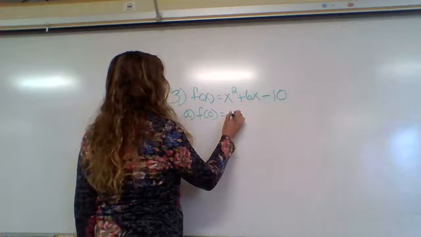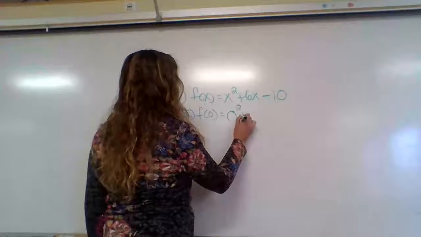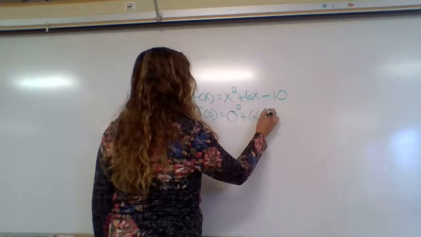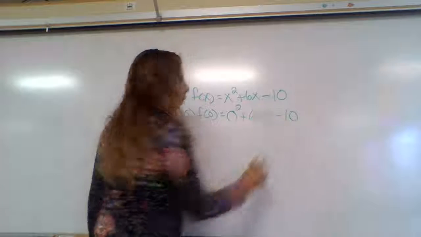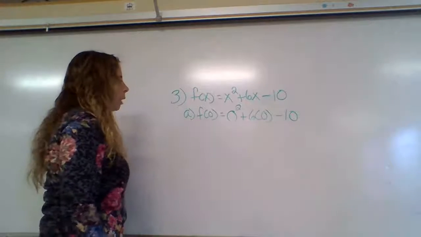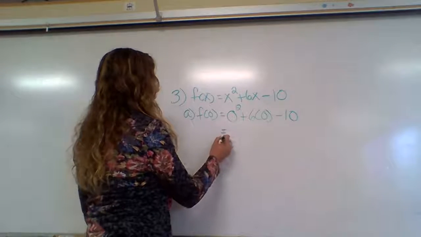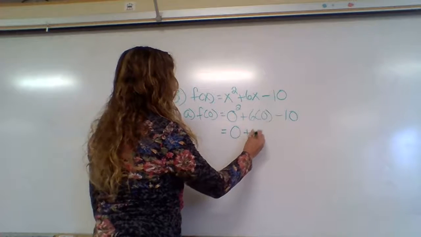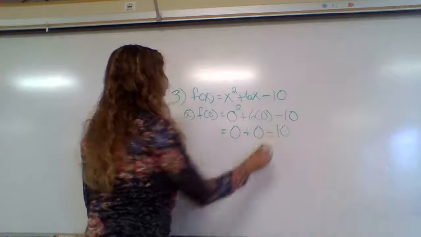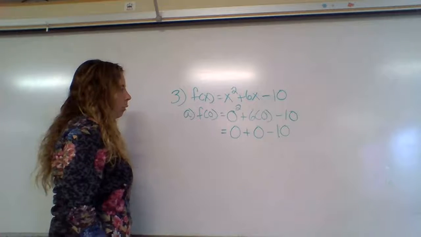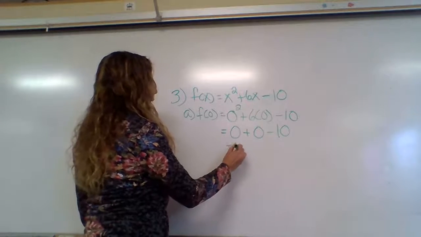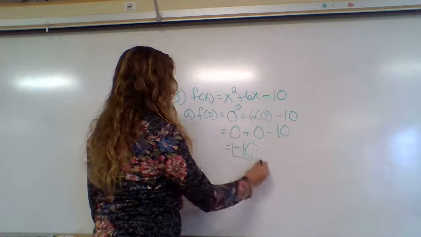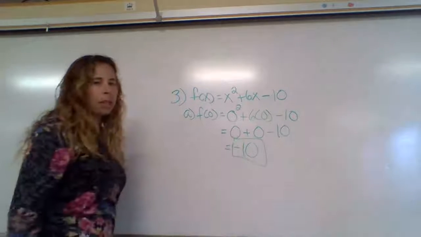So this is going to be 0 squared plus 6 times 0 minus 10. That's 0. 6 times 0 is also 0, minus 10. So you get f of 0 equals negative 10. Okay, so that's how you do A.